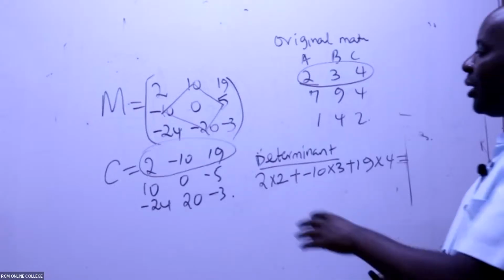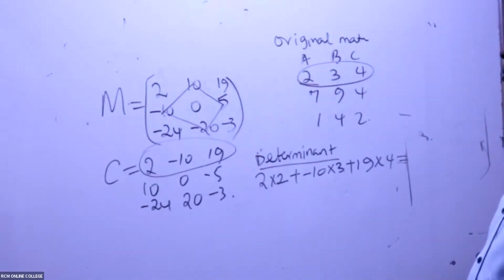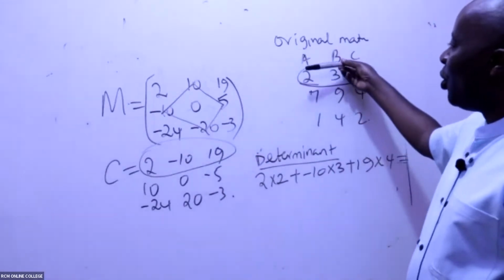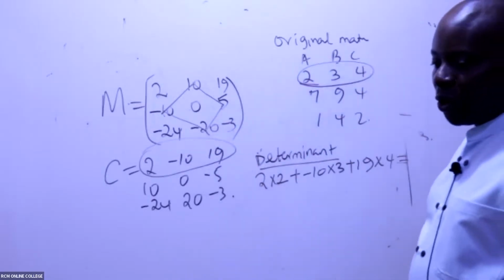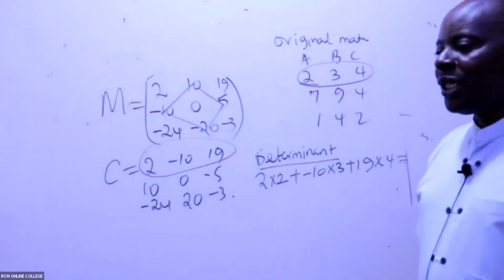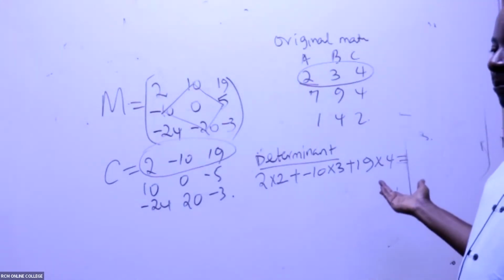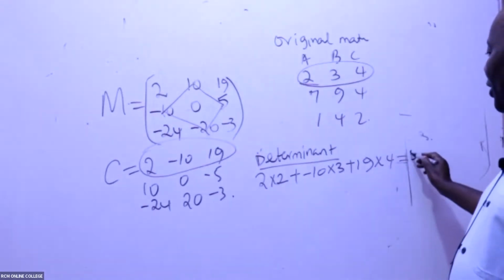You take row 1 and row 1 here. For the cofactors, you take this and this, and then you combine the numbers. So is there somebody who is able to confirm 50? That 50 we got there.